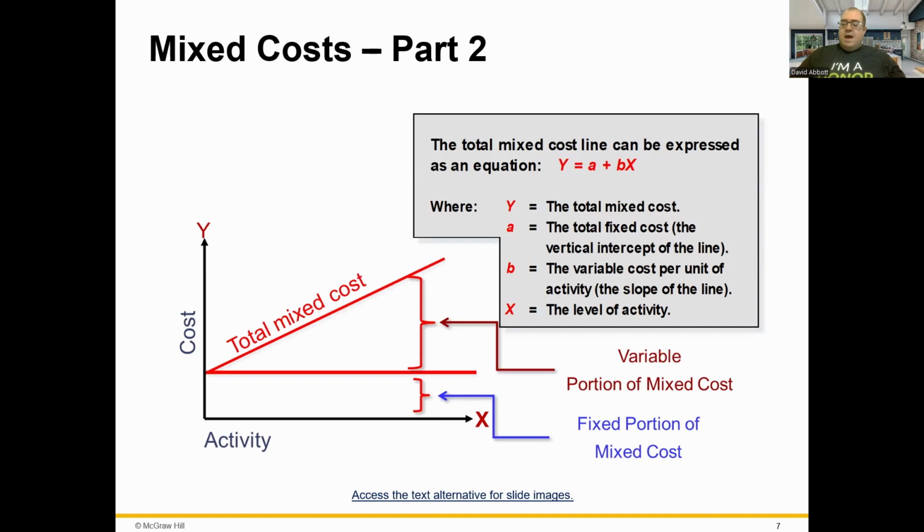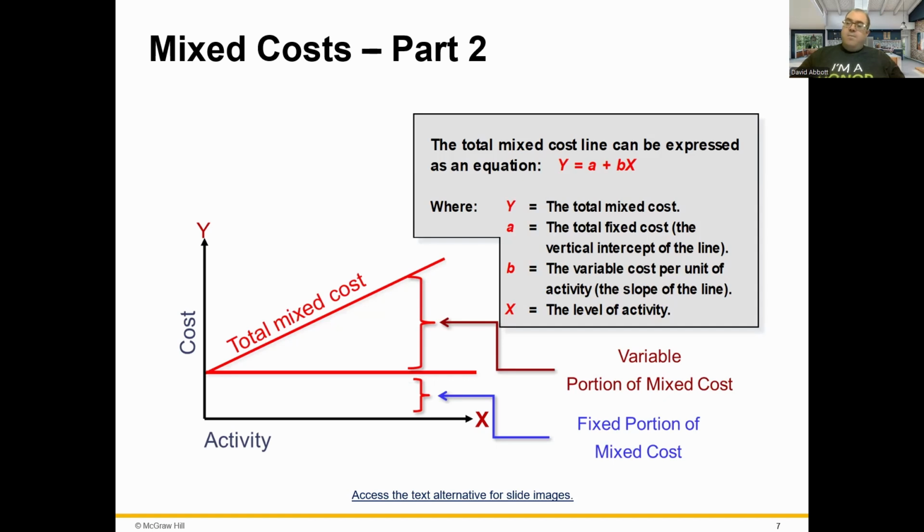So now we'll go ahead and do the high-low method. So an equation that we can use to express the relationship between mixed cost and the level of activity. This equation can be used to calculate what the total mixed cost would be for any level of activity. And that equation is y equals a plus bx.